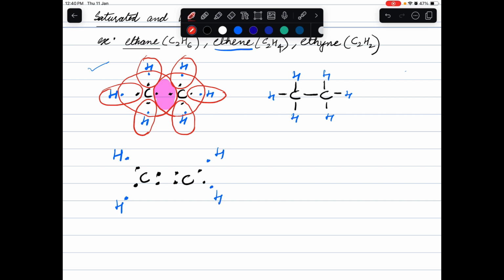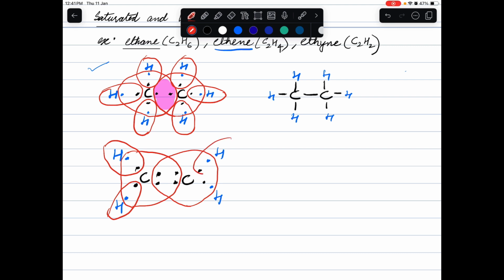Now we'll satisfy. Now carbon is in need of 4 electrons. So 2 electrons it will share from 2 hydrogen atoms, but it needs 2 more. Therefore it will share 2 electrons of the neighboring carbon atom. Same is the case for the second carbon atom, that is, it will share one electron with each of 2 hydrogens and it will share 2 electrons of the neighboring carbon. Now hydrogen will get satisfied as earlier, that each hydrogen will get the stable configuration of helium, that is 2 electrons in the valence shell.